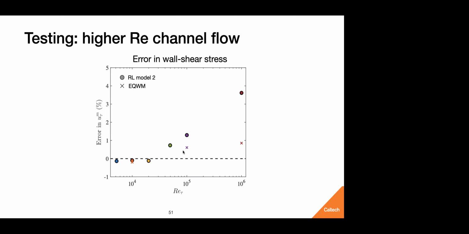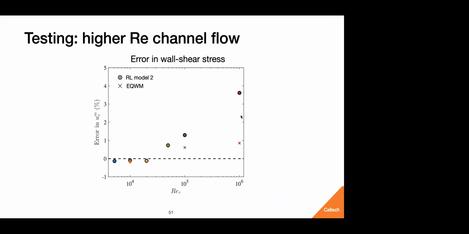And the RANS models used in the state-of-the-art sense, those results are down here. It has maybe 1% error at 1 million, which is much better. But remember that in this case, they're essentially tuned to make sure that they have 0 error.